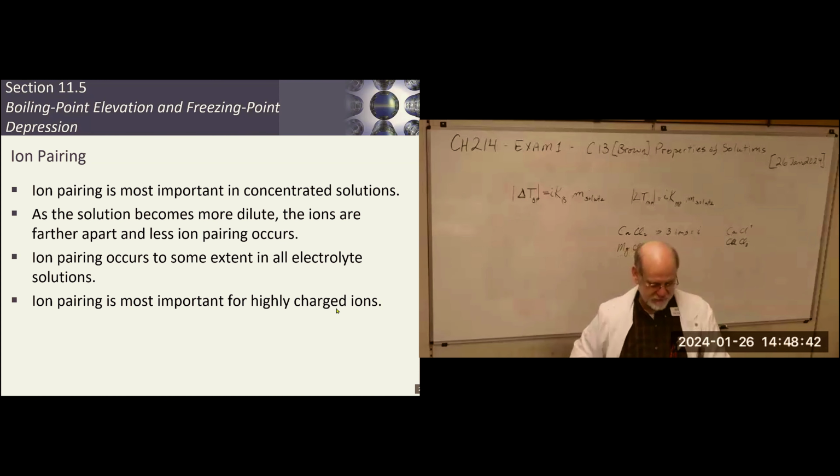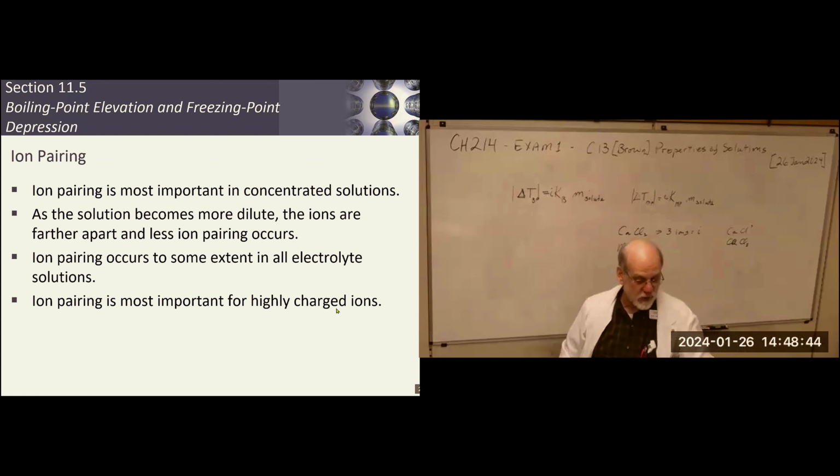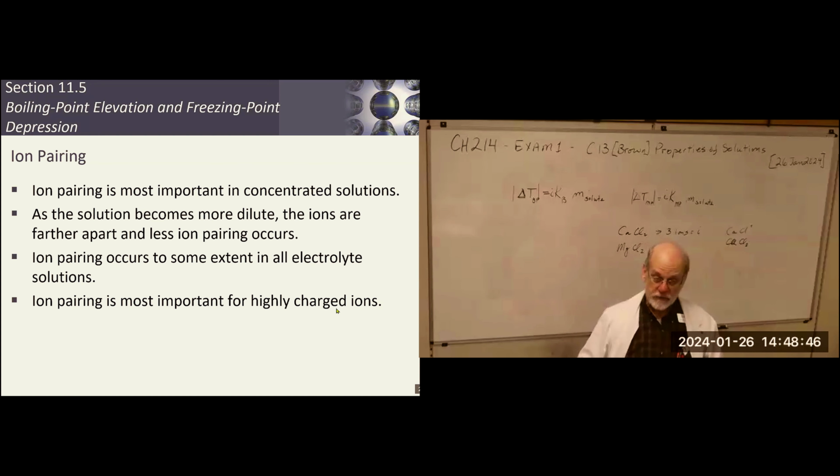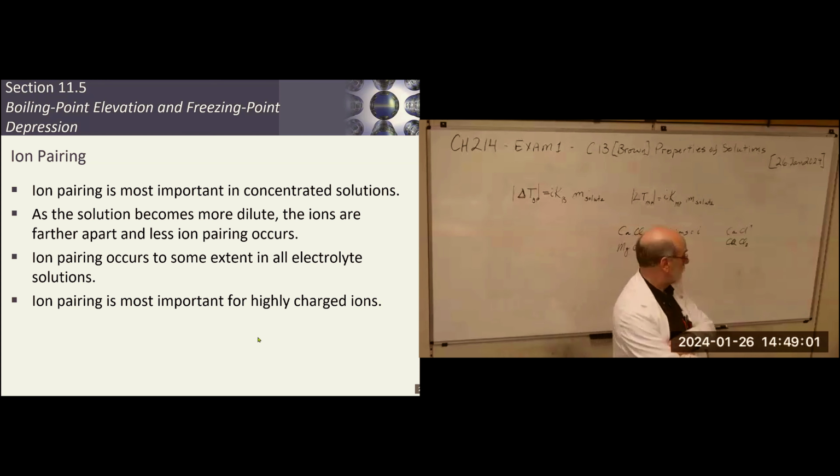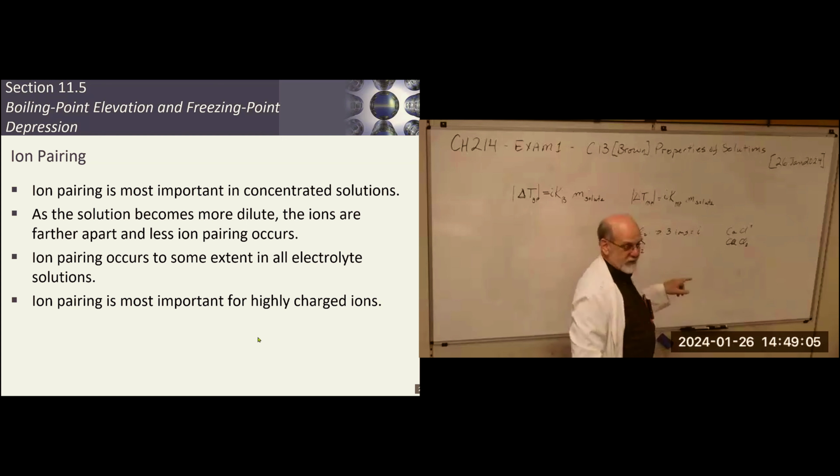Ion pairing is most important in concentrated solutions. So if your solution is dilute, then you can ignore ion pairing. And ion pairing is most important for highly charged ions, so 2+ and 3+ ions.